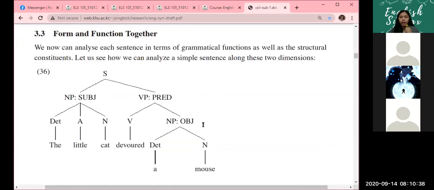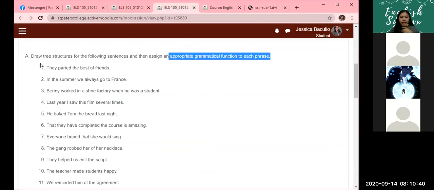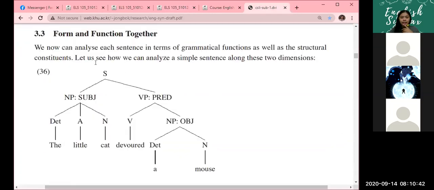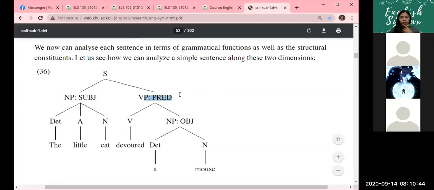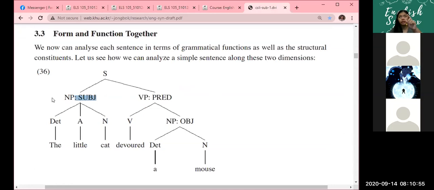In this case, you are going to rewrite or make a tree structure of this sentence using this format. For example, if you consider the NP as the subject of the sentence, then you just write NP, tutuldok lagi, or colon, and then the grammatical function of that phrase in the sentence.